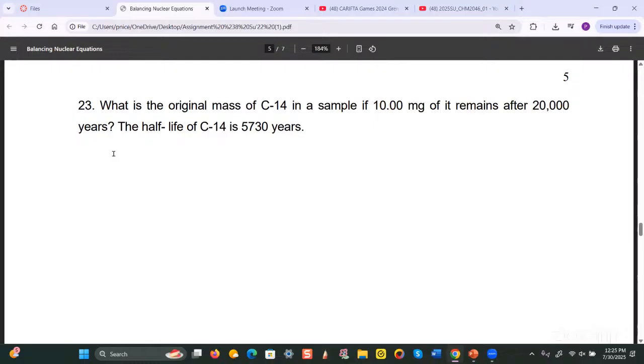All right, so again, the form of the equation I would use is M is equal to M0 times e to the minus lambda t. Now this time, the question is asking for the original mass. So therefore, when rearranged, you're going to get M0 is equal to M e to the lambda t. So M at the time t is 10.00 milligrams.